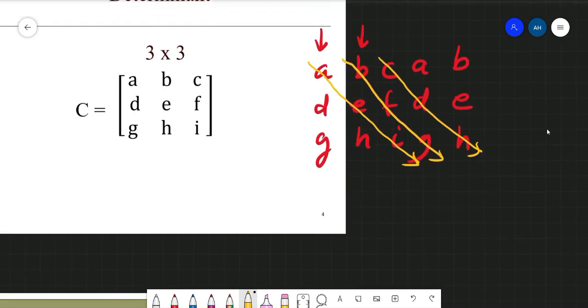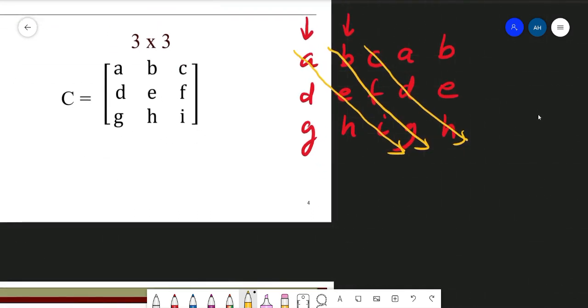So what we do is multiply a, e, i. That's the first product. We have a, e, and i, multiply them. Then add that product with all the numbers on the second arrow.